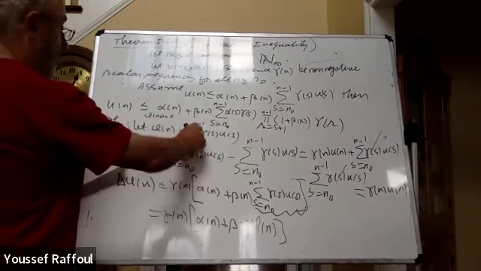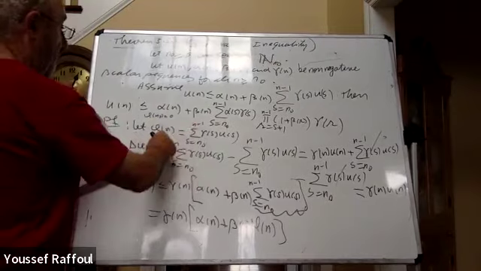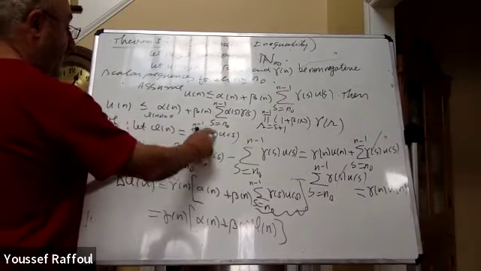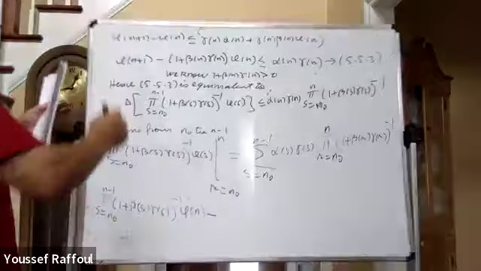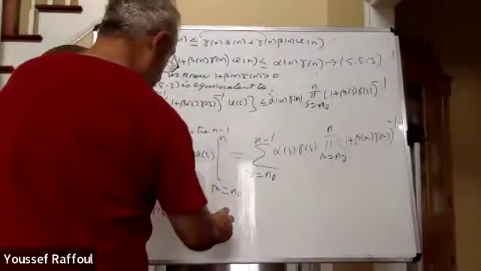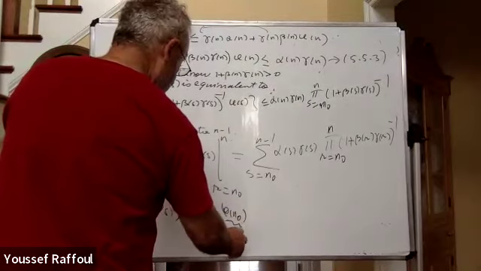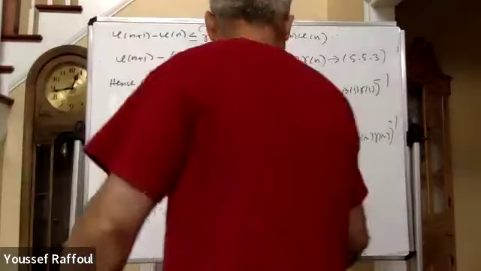Put n0 here. Phi n at n0 will be the sum from n0 to n0 minus 1, that will be 0. So minus phi n0, that is 0, equal to all that.